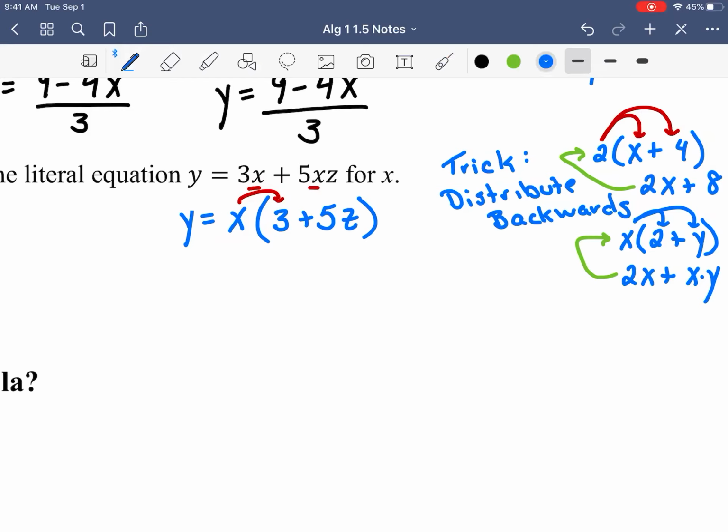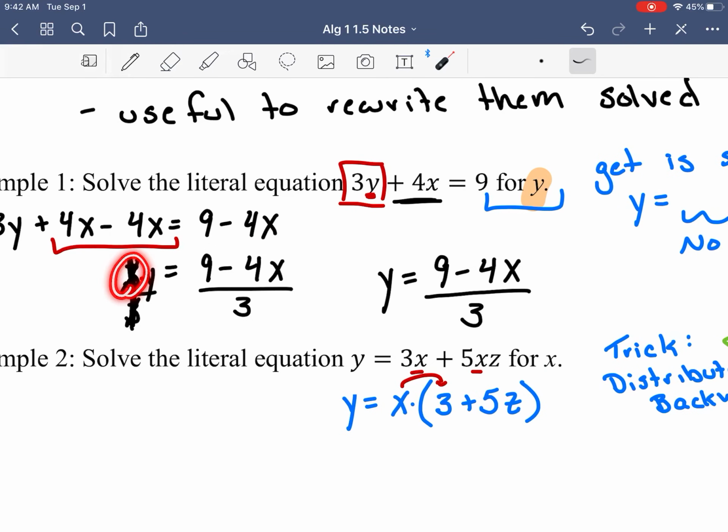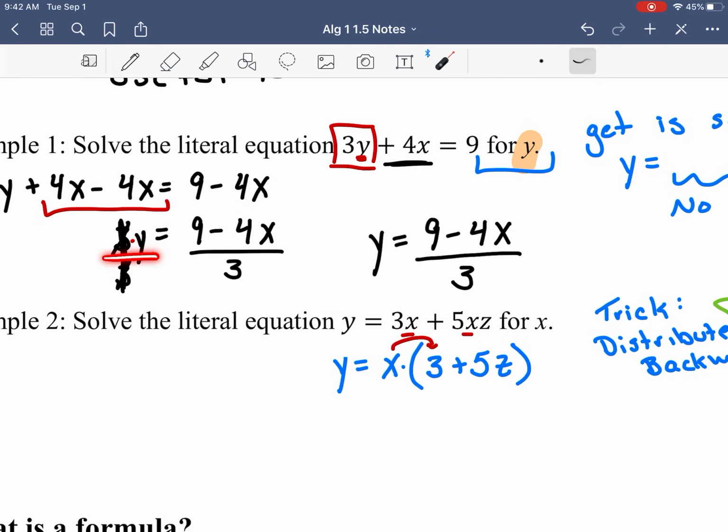So now I have x times something. We're going to treat this like one big something. Up here, when we had 3 times y, we were able to divide both sides by the 3. Here we have an x times this thing.